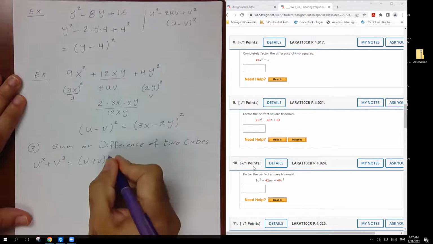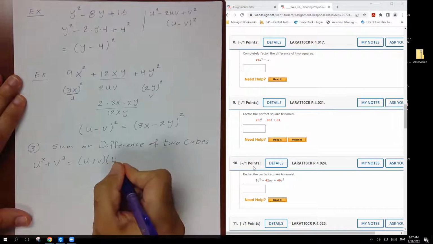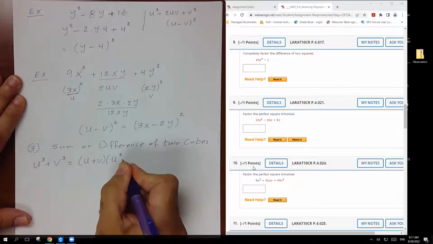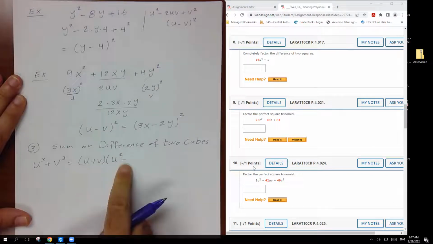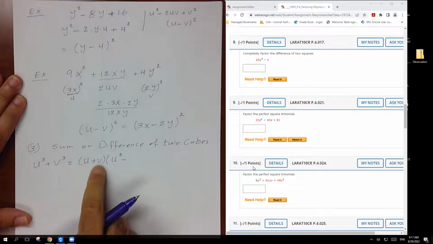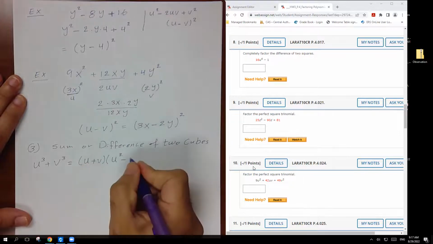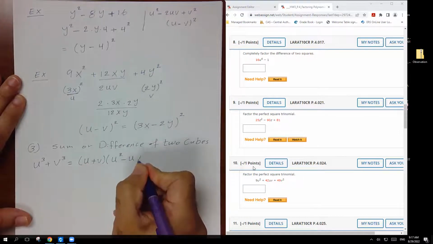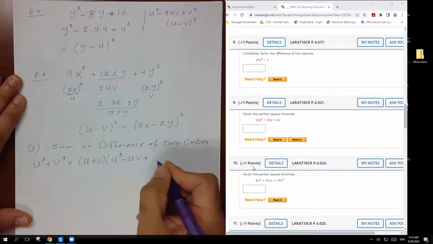Then you open parentheses: the first one squared, minus (the opposite sign), the first one times the second one, so it's u times v, plus the second one squared.